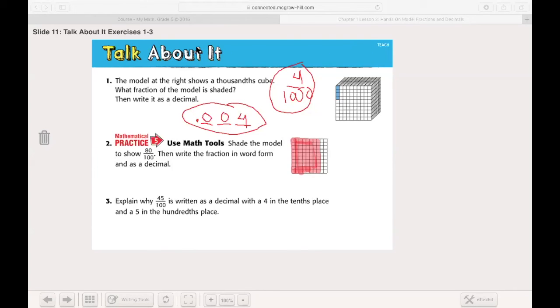What I need to do is represent this fraction that they gave us in both word form and as a decimal. Well, as a decimal, it would be 0.80, right? Because this second place right here is the hundredths place, right? This is the tenths place. 80 out of 100 is represented this way.